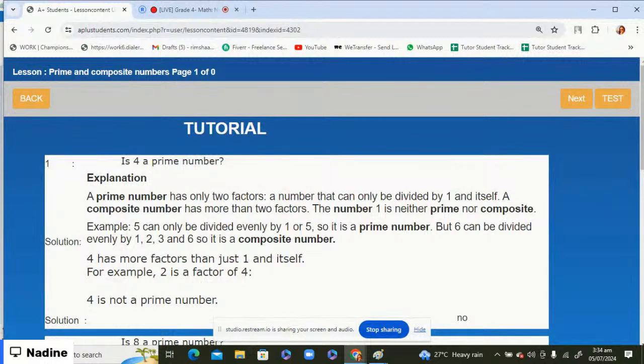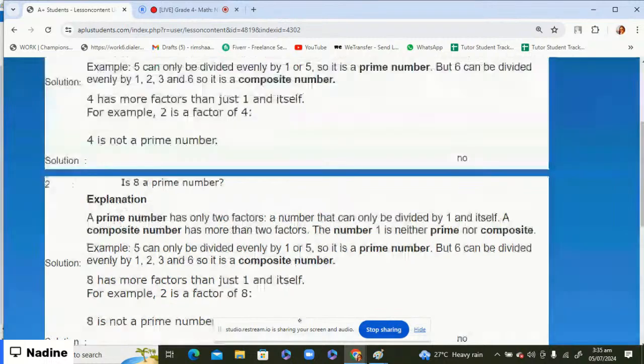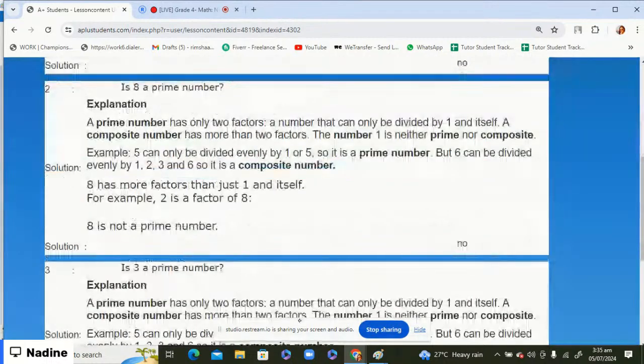And a prime number has only two factors. Like the factors of 2 are 2 and 1. It can only be divided by 1 and itself. Here is 8.